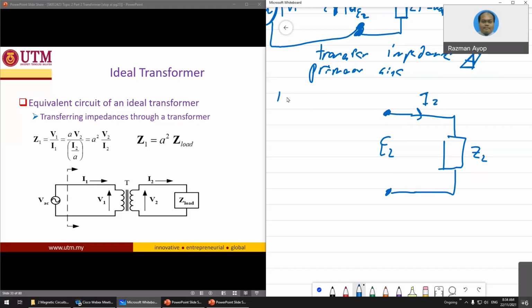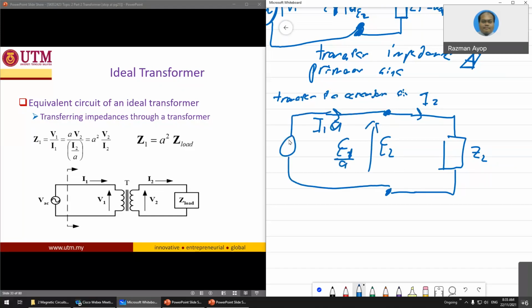So basically, E1 becomes E1 divided by a, and the current is I1 multiplied by a. And then you have V1 divided by a. So this is how you transfer to the secondary side.